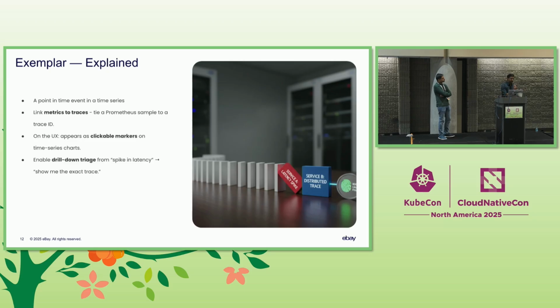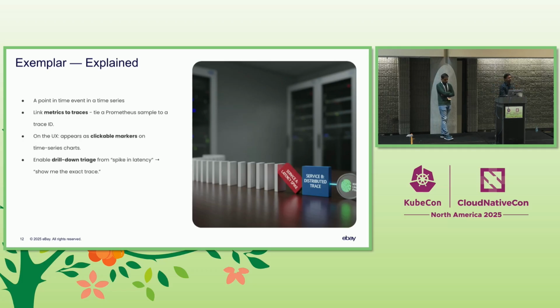So it would have a timestamp, a set of labels, the exact latency that request took, and that gets stored in Prometheus. And on the UI, if you're using Grafana or something else that you built, it would be represented as a clickable marker.